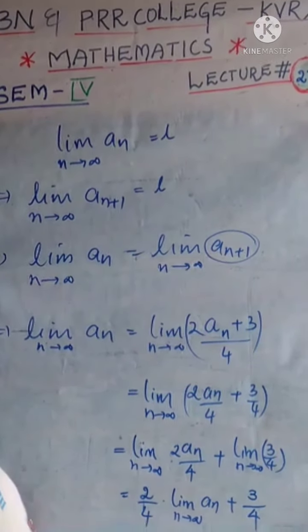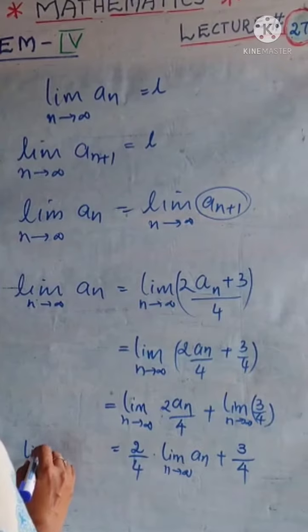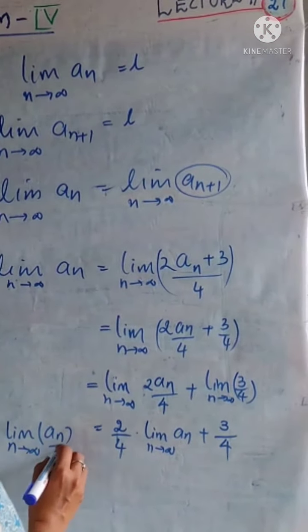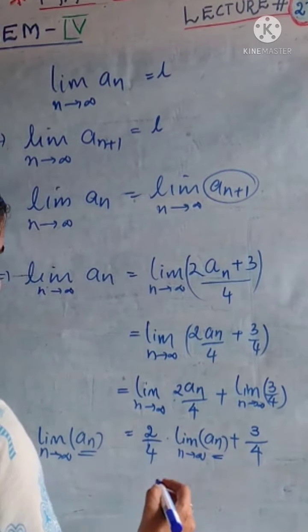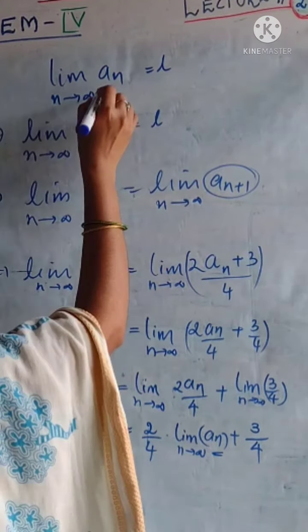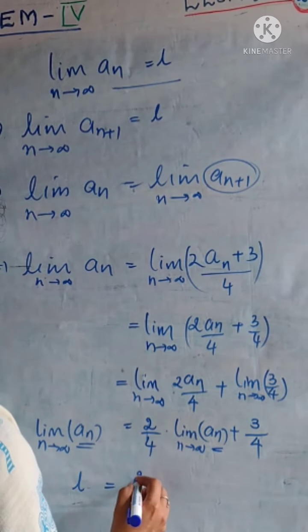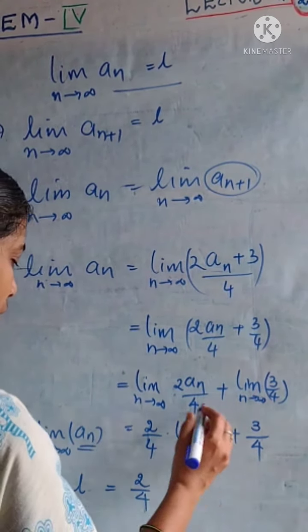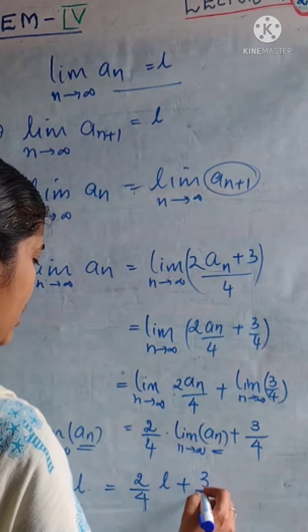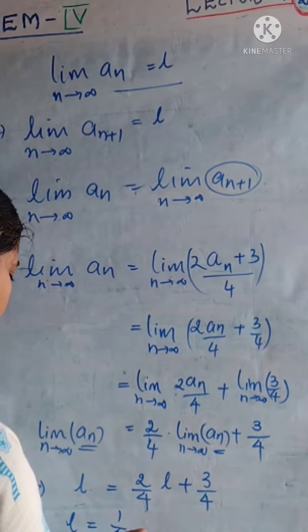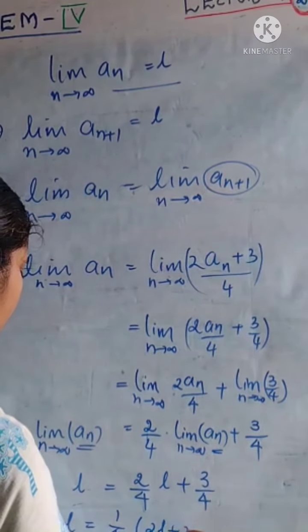Now, let us replace the limit of the sequence an on both sides. What is the limit of an here? L. That implies L is equal to 2 by 4 into L plus 3 by 4. Taking 1 by 4 common, we have 2L plus 3.